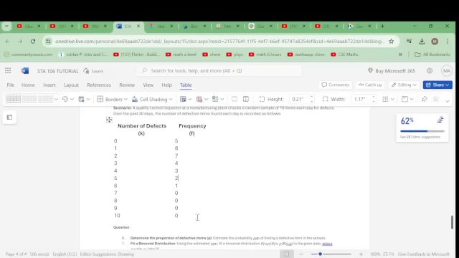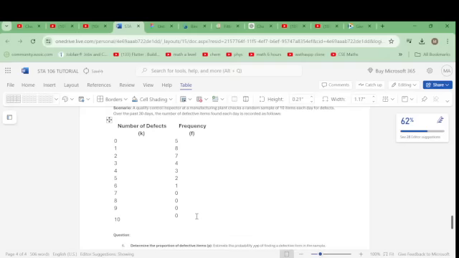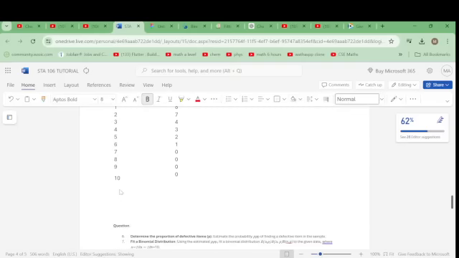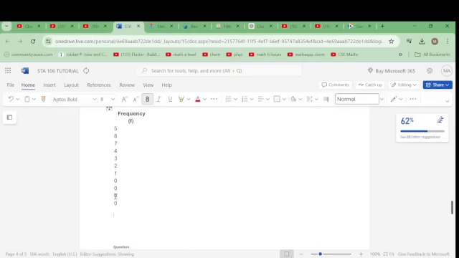I'm trying to paste this, but since we can't paste it there, let's just create our expected table here. You see this table, we are just continuing it. So this is our expected frequency, which is denoted as E.